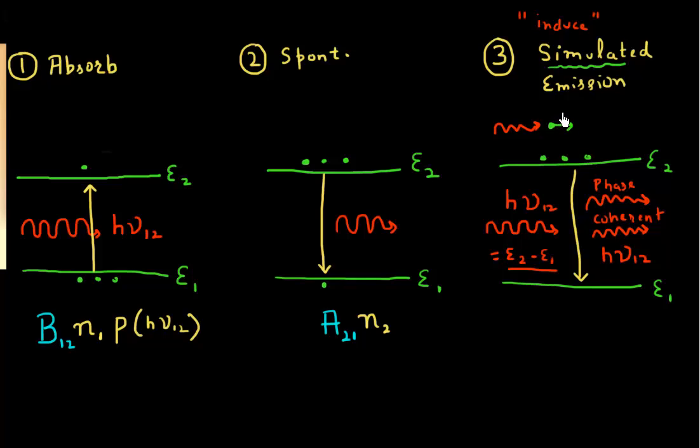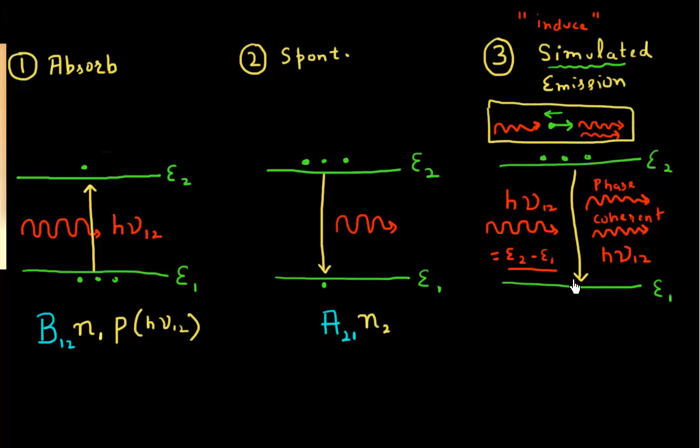And then when this atom recoils, to conserve the momentum, it has to give out a photon which is in the same direction, or in the same phase, as the incoming photon. He tried to equate this to particles and springs and how they recoil, because Einstein was a genius in giving these kinds of arguments.